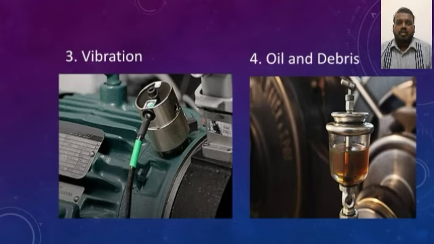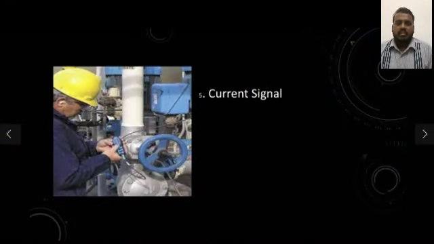Number 4, oil and debris. This technique involves analyzing the properties and particle contents of the lubrication on the bearing to determine the rolling element bearing's condition. Next, and finally, number 5, current signal.